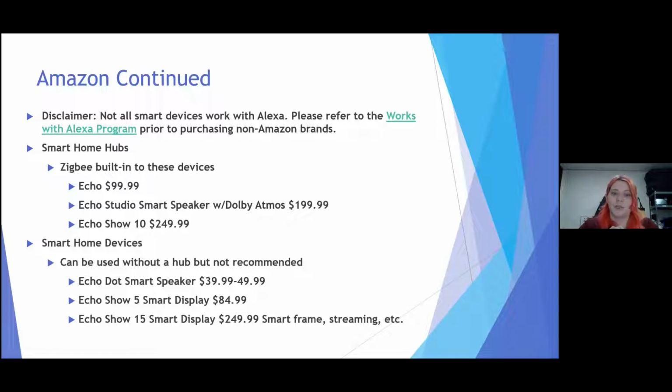I'm available to help you build something that works well for you within your budget. I just want you to know that they're out there. But for the most part, you want to get a smart home hub as your main piece, and then after that, you build with different appliances.